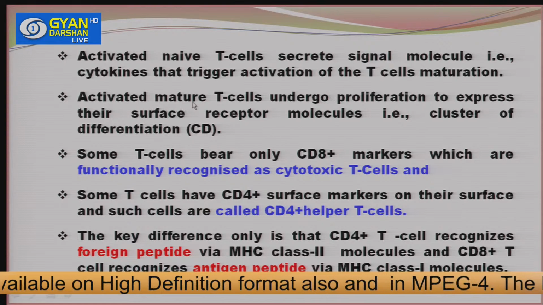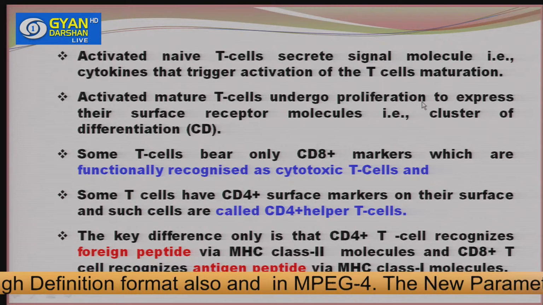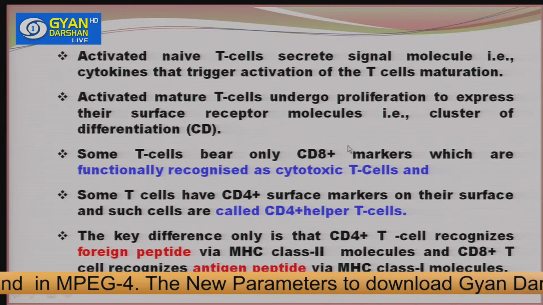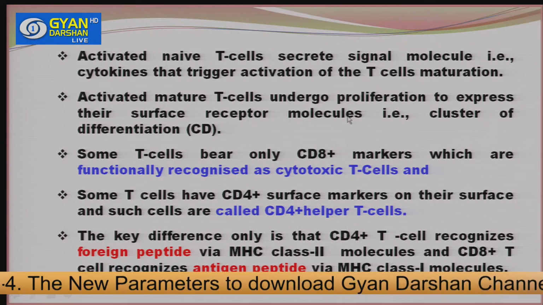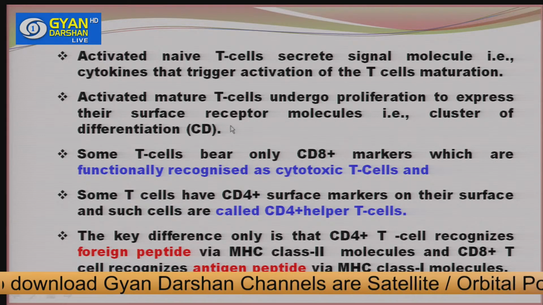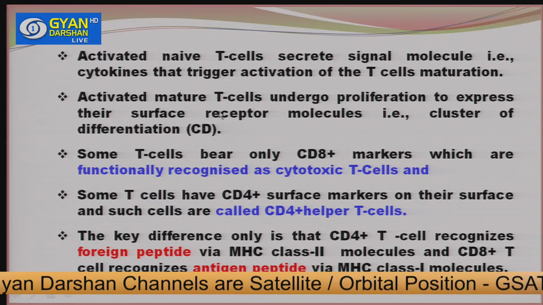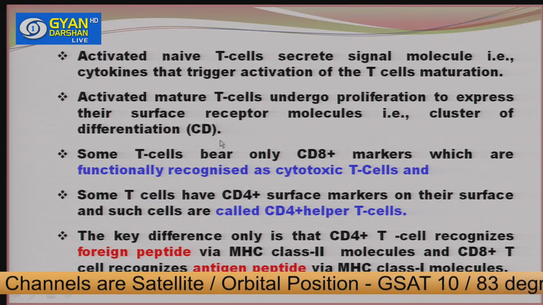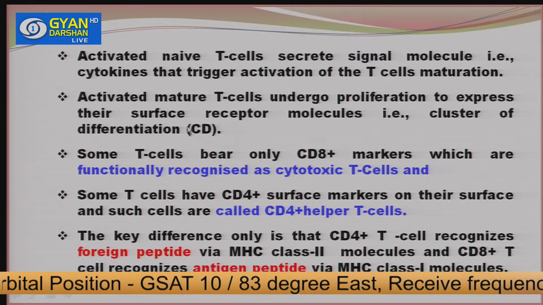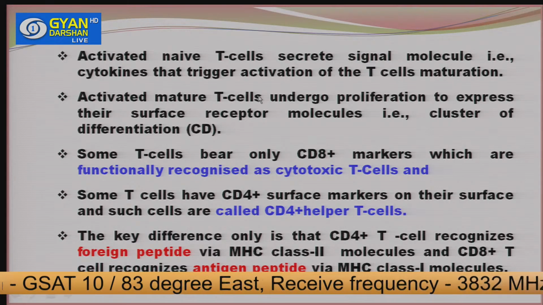The activated, selected mature T cells undergo proliferation and express surface receptor molecules, such as CD40, CD28, and a number of other surface molecules on the surface of the T cells.